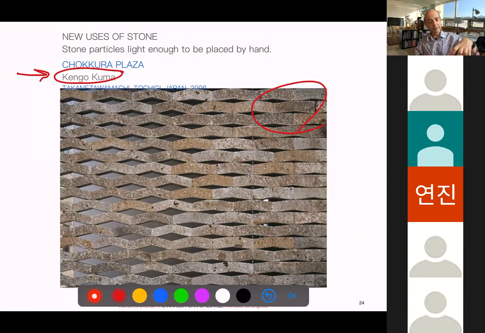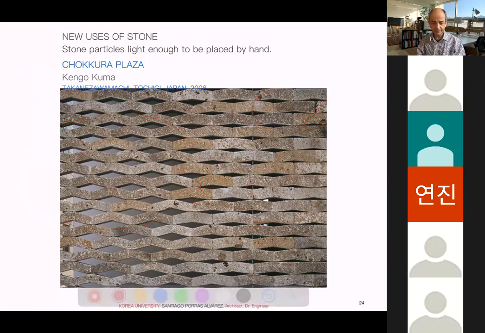Right? So the construction is more light, more transparent, and the quality is not what we would expect from a stone construction. It's kind of going back to lightness. Of course, this needs a set of anchorings, and the construction is very sophisticated. It's not easy to make just by putting mortar in between.